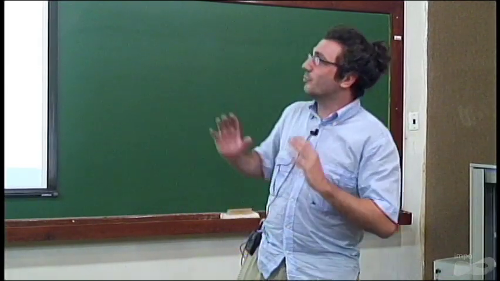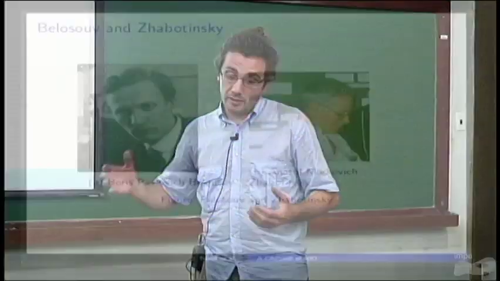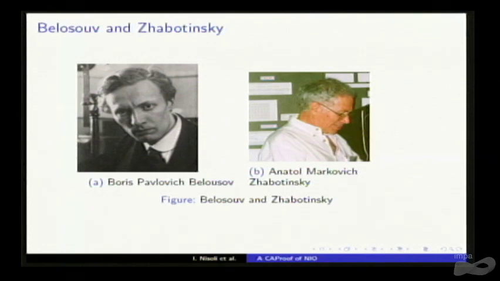But then his director in the laboratory gave to Zhabotinsky, who was a PhD student, this kind of oscillating reaction as his PhD thesis. And Zhabotinsky developed a whole theory of these oscillating reactions, which have become a fundamental topic in theoretical chemistry up to now.